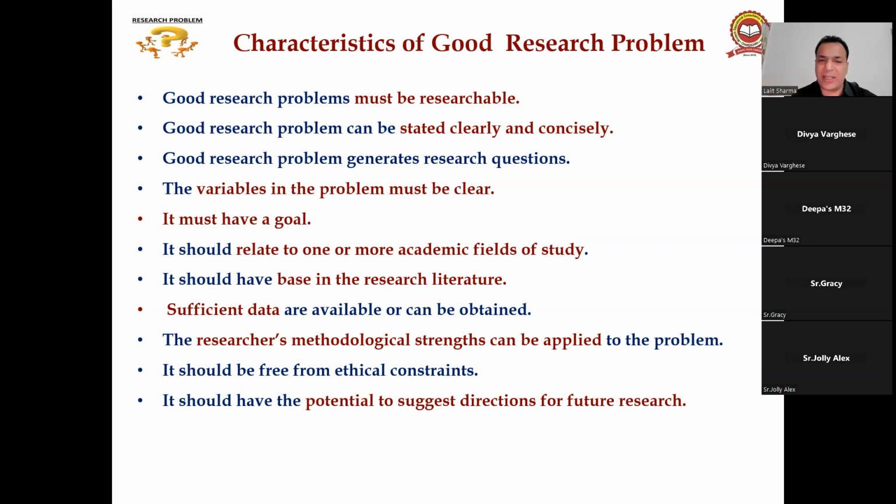Adolescents you have selected, you can get in every school, so you have to see that first. The researcher's methodological strength can be applied to the problem. It should be free from ethical constraints. And last, it should have potential to suggest directions for further research. Whatever research problem you select should have scope for further research.